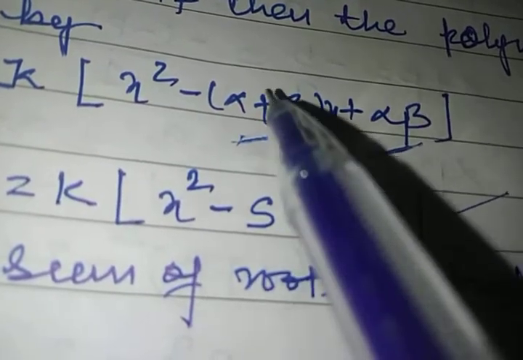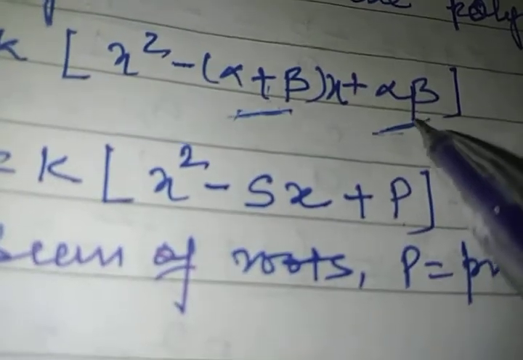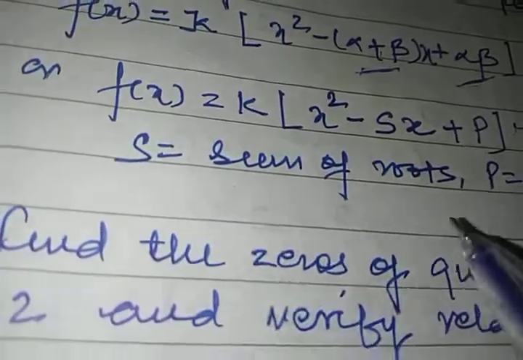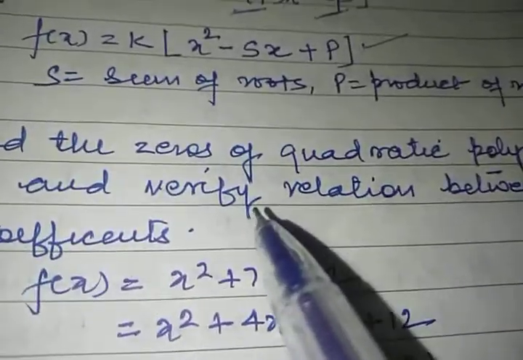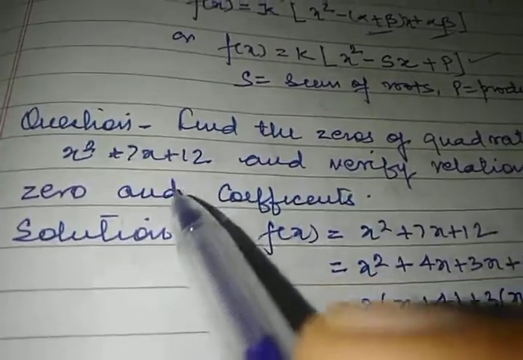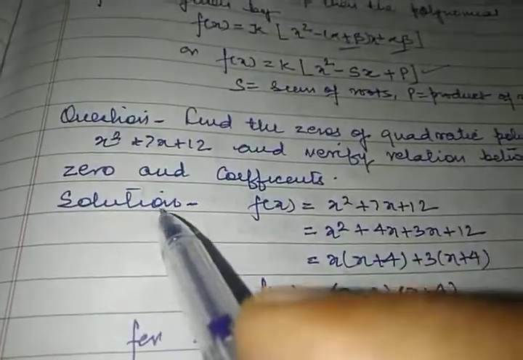S is the sum of the zeros and P is the product of the zeros.